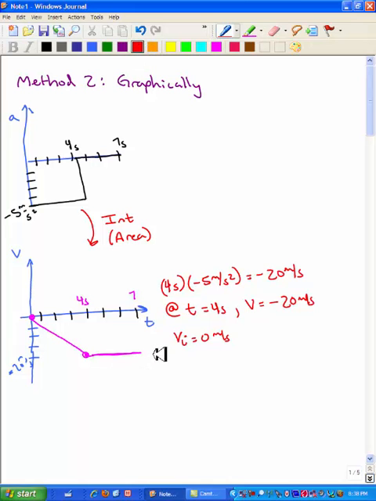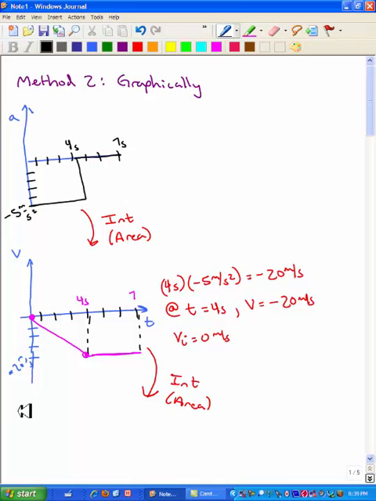Again, now, finally, go to position. What do we do? I integrate. Take the area. Do not overcomplicate this. This is a simple process, but it's easily overcomplicated. Okay? So I could draw a position versus time graph for you, but to make life easier, we are just going to take the area of these two shapes geometrically.